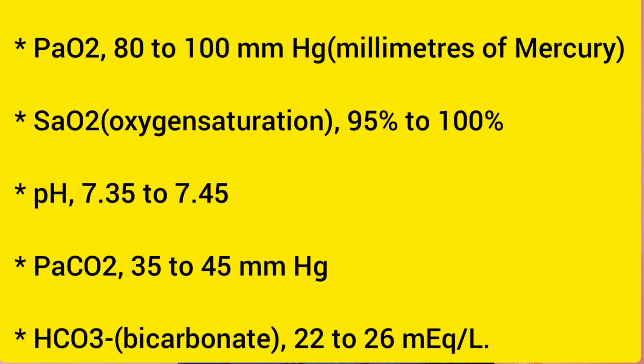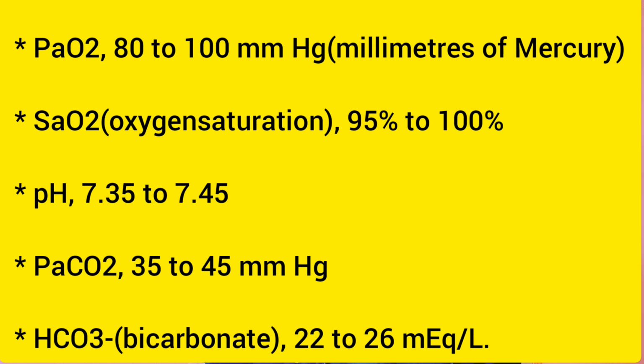Normal values for ABGs vary slightly among labs, but in general they are as follows. The partial arterial oxygenation pressure, the normal range should be between 80 and 100 millimeters of mercury. The oxygen saturations normal ranges should be between 95% to 100%.